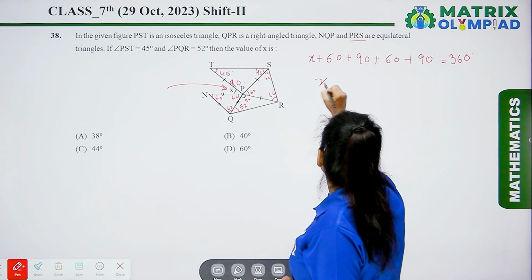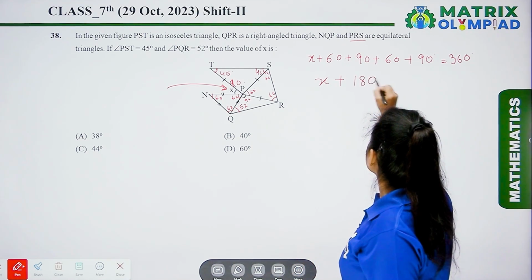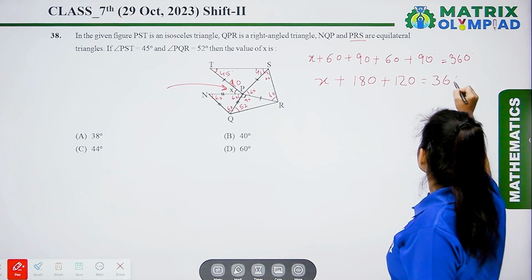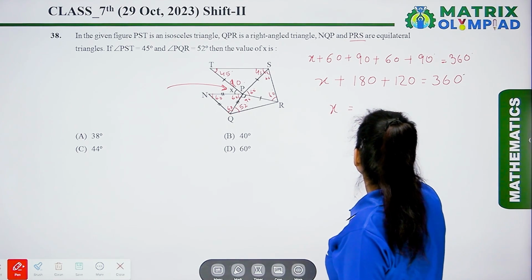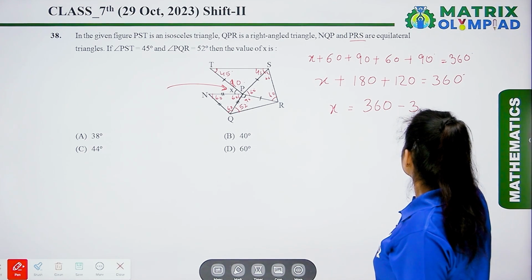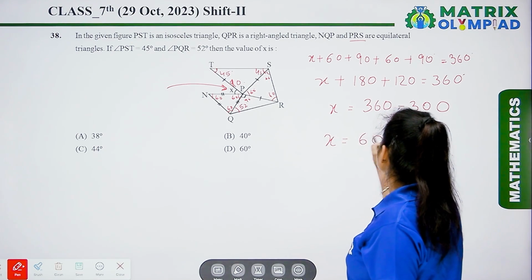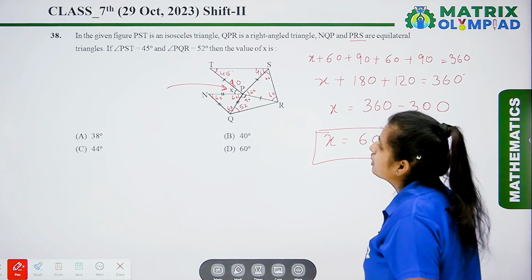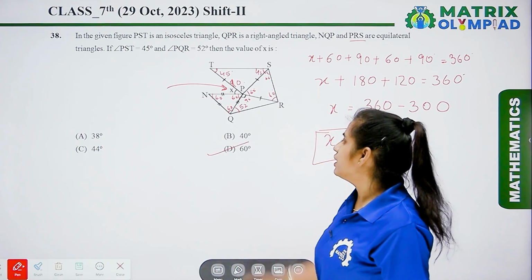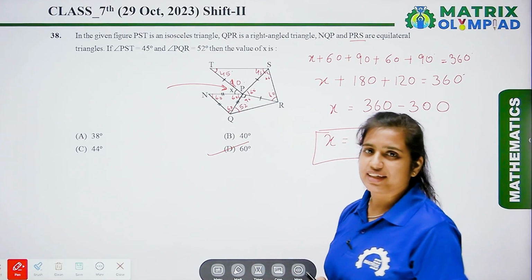Now X plus 90 plus 90 is 180, 60 plus 60 is 120 degrees, 360 minus 300, here the value of X is 60 degrees. So the value of X is 60 degrees. Here option D is 60 degrees. So according to the question, option D is the correct answer.